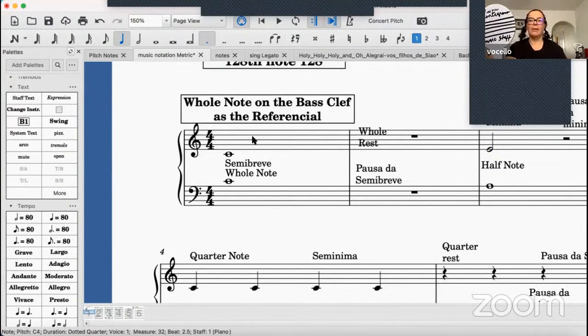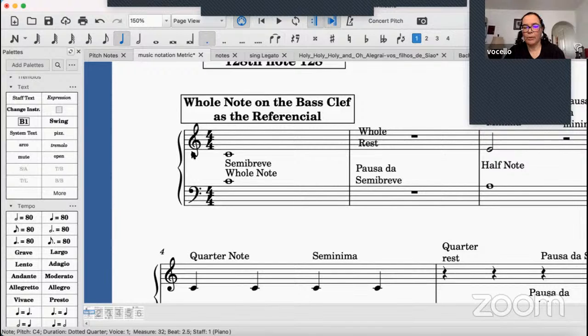So 5 lines and 4 spaces, so we have 9 pitch notes, 5 from the lines and 4 from the spaces. While we put the pitch notes together with the rhythm notes on this pauta or pentagram or music staff, 1, 2, 3, 4, 5 lines and 4 spaces.